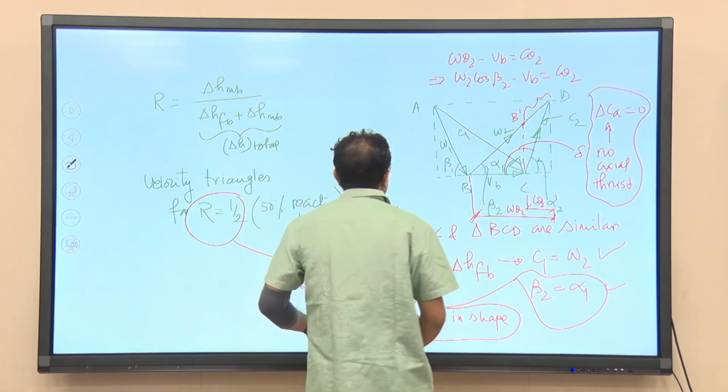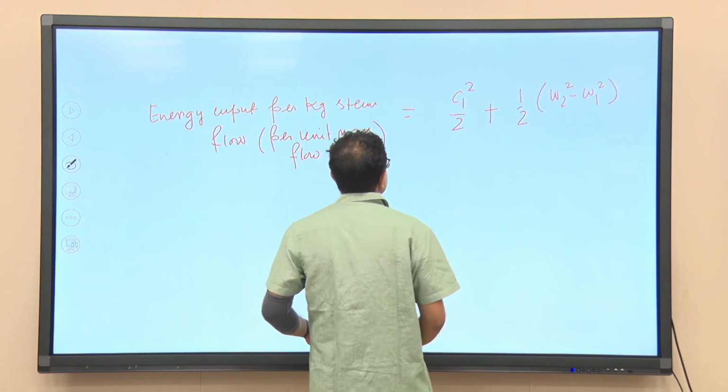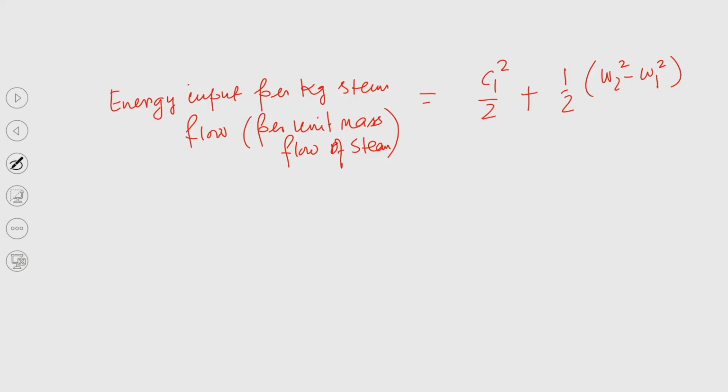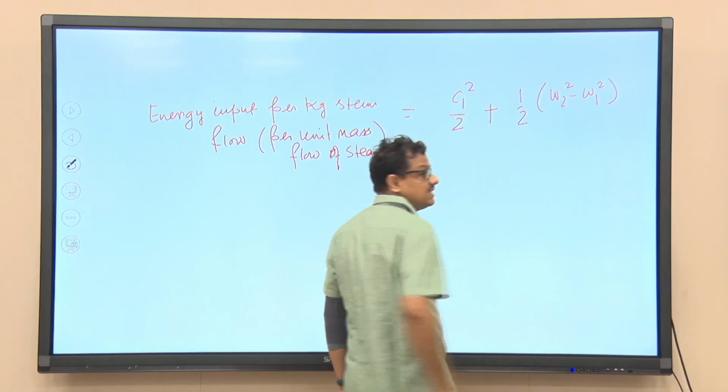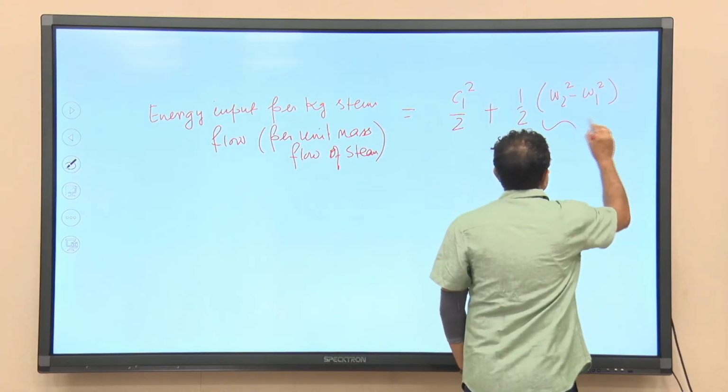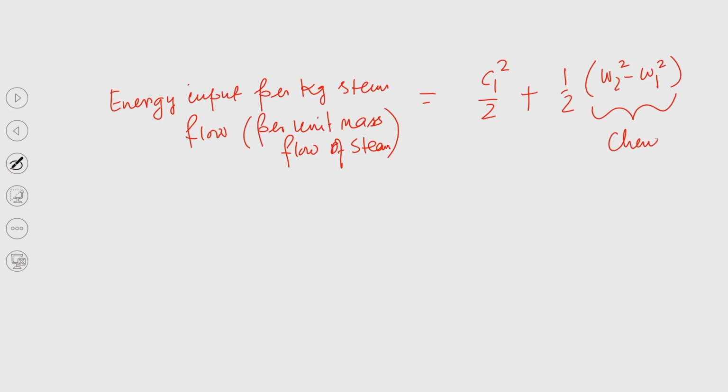So, when we are trying to obtain the input energy, we need to consider the change in relative velocity as well, due to the change in relative velocity. Okay.